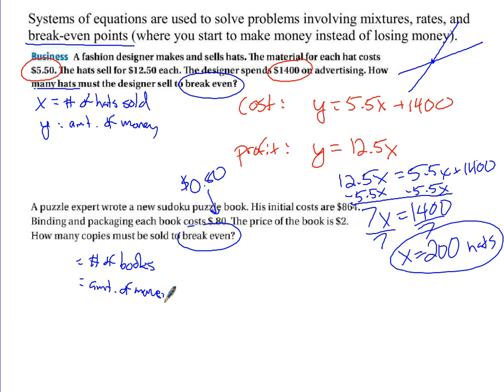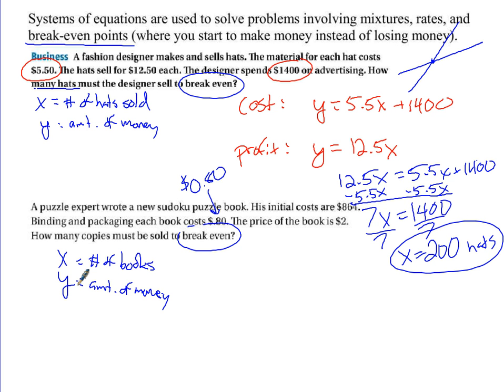Okay, and we're going to use X and Y again. And which one's X? The amount of books is X. And the money is always going to be Y. So that way in these equations I can write Y equals the amount of money equals stuff.